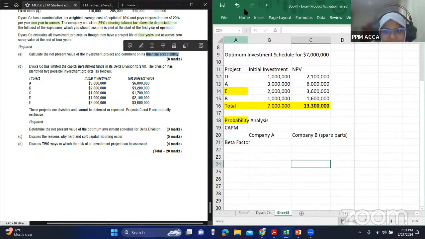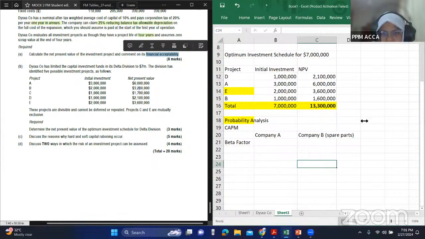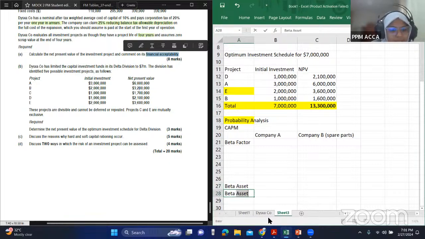So what is this beta factor? You should be knowing it at this point. Anyway, I'll explain it also. There are 2 types of beta. There is something called a beta asset and a beta equity. 2 types of beta. Okay. Beta asset reflects only the business risk.